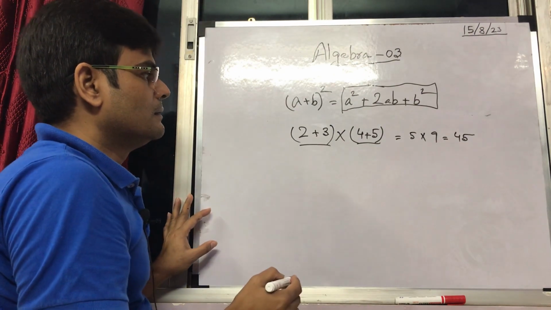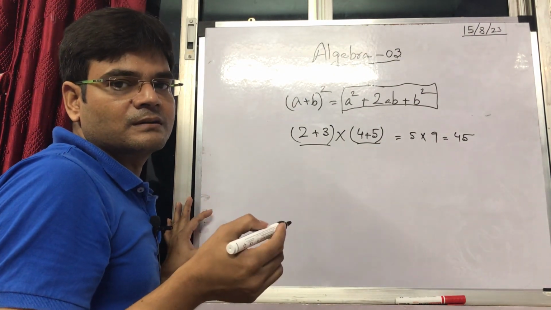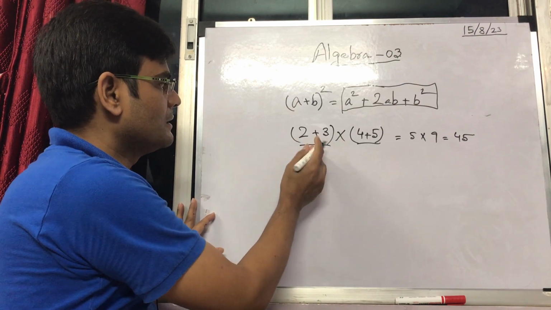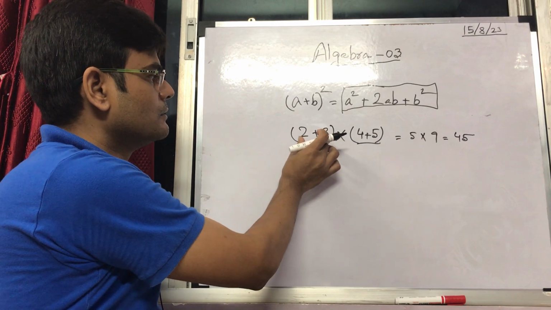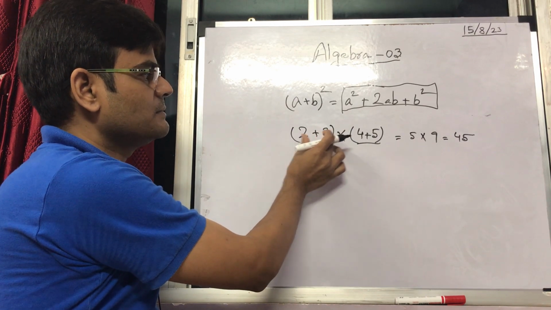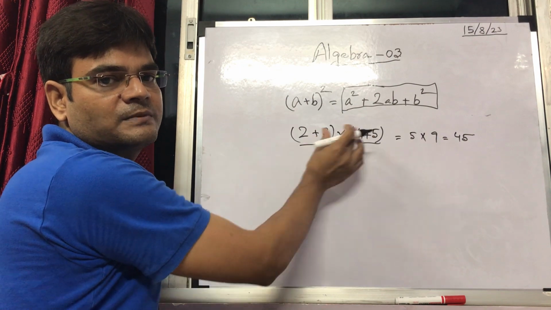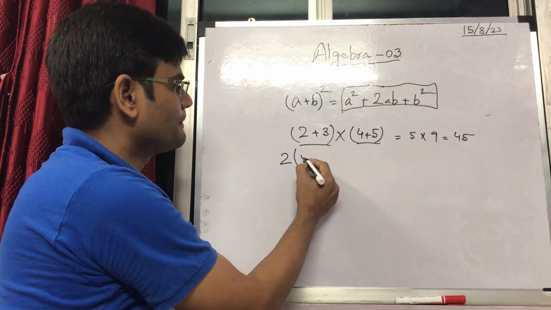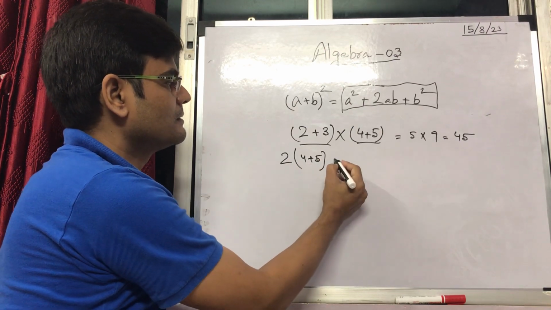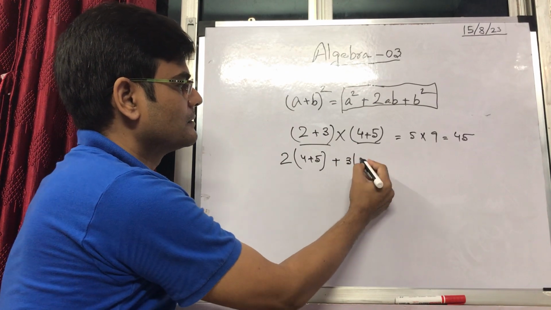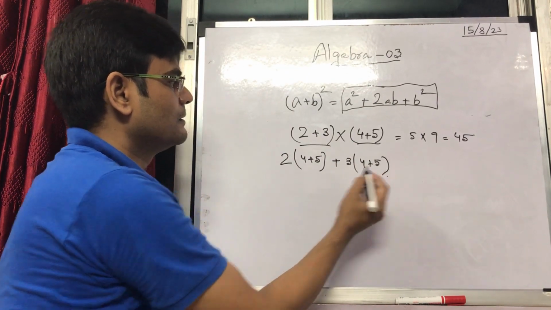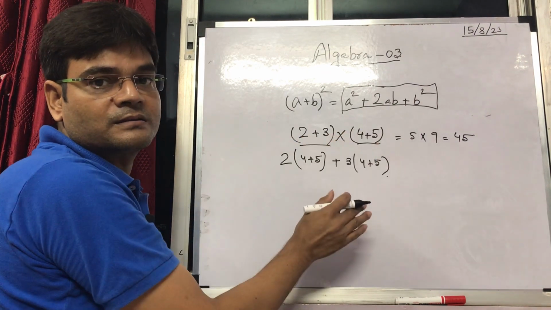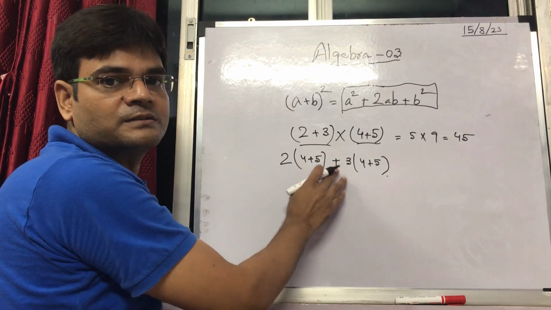But when you have variables associated, there is something called the associative property. What do I mean by this? 2 plus 3 is 5, times 4 plus 5 is 9, 5 times 9, which can be said as 2 times this plus 3 times this, right? If I say (2 plus 3) times something, that means 2 times that something plus 3 times that something.